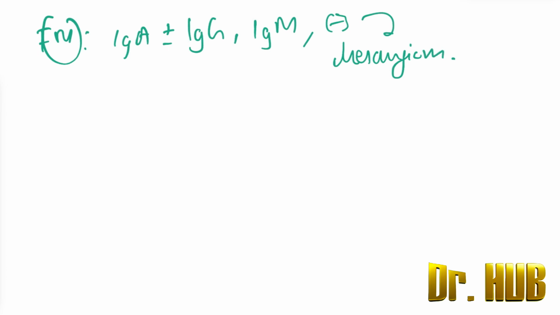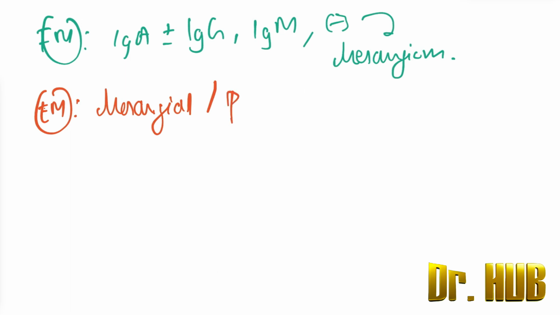Next, we move on to the electron microscopy. Upon electron microscopy, there are mesangial as well as paramesangial dense deposits.